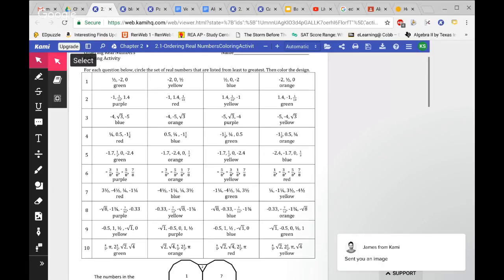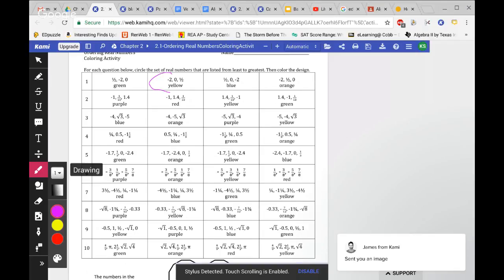So in that first row, this one's fairly easy in the fact that there's only 3 numbers, and we know that -2 is the smallest of all those numbers on the number line, right? And then 0, and then 1/2. So it's going to be that one.